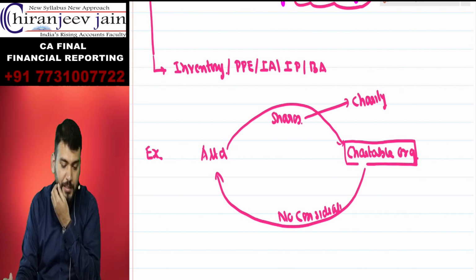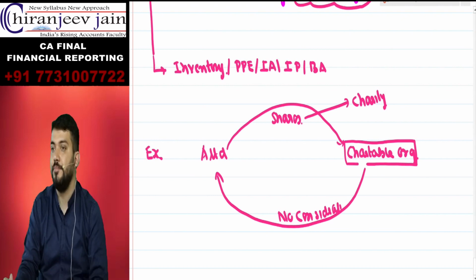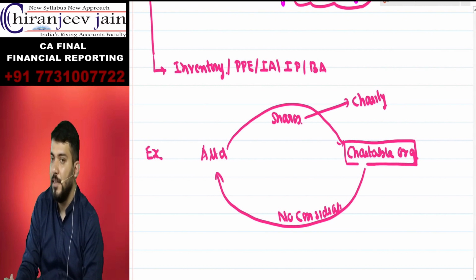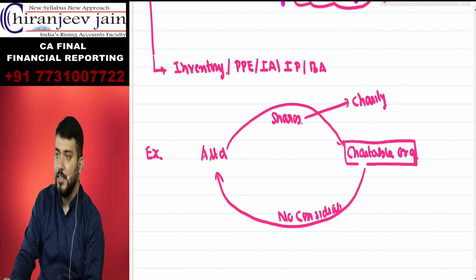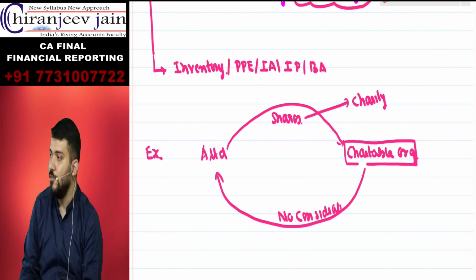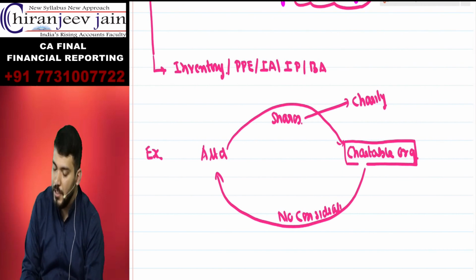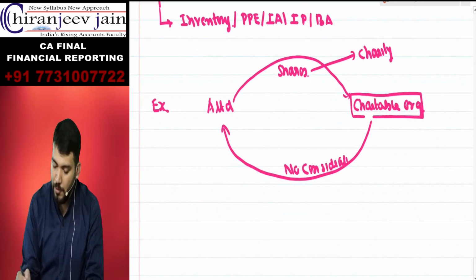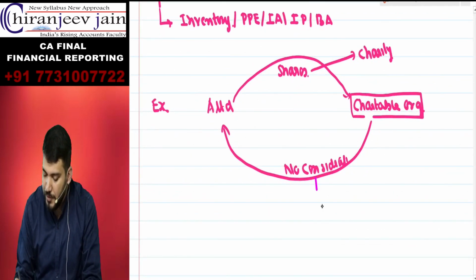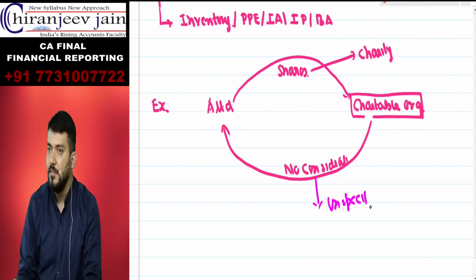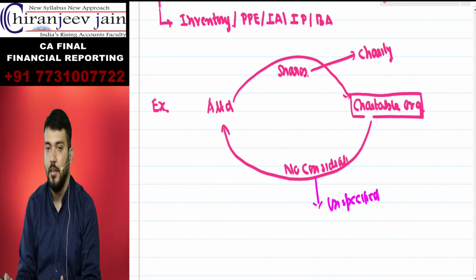The question arises whether it will be covered under Ind AS 102, yes or no? It will be covered. Here it is unspecified services. Try to understand, nothing is free of cost in India.